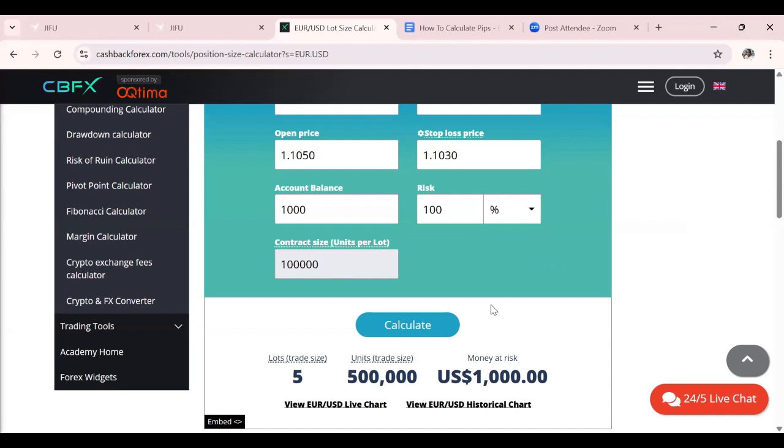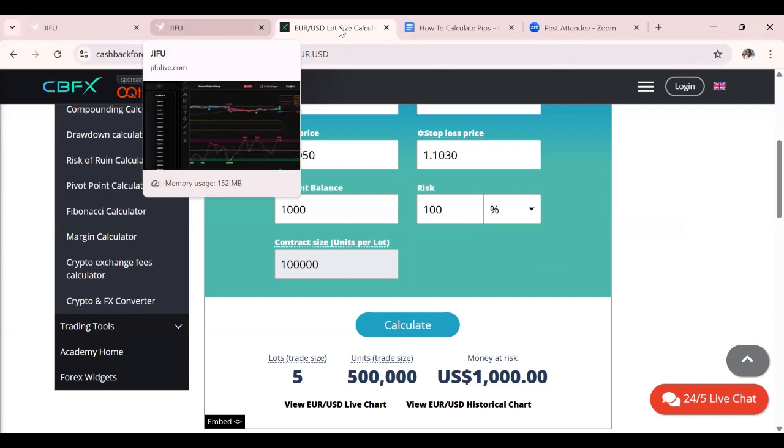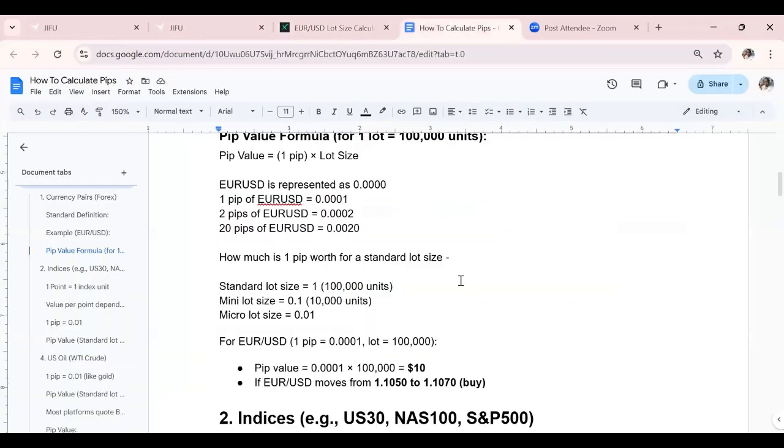So that means 100%, we have time. We have 10 minutes. So 100% does not actually represent the one lot size. So let's not go there. So that's on currency pair.